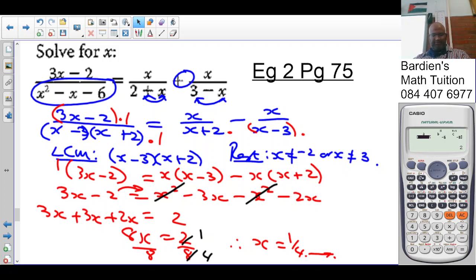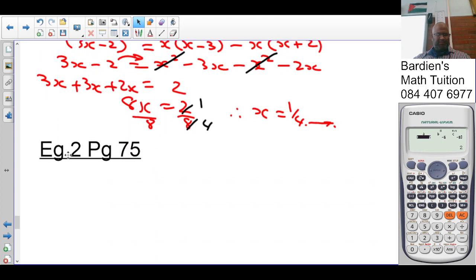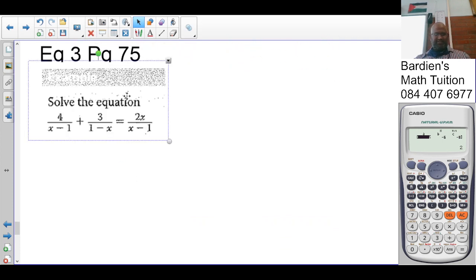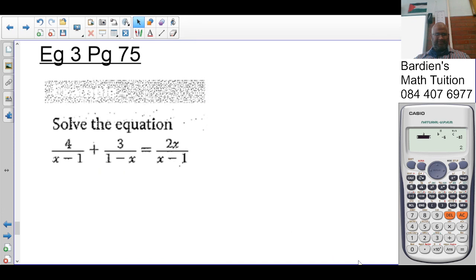Here's the next one. Example 3, I think it's page 76. So what's the first thing I need to do here?